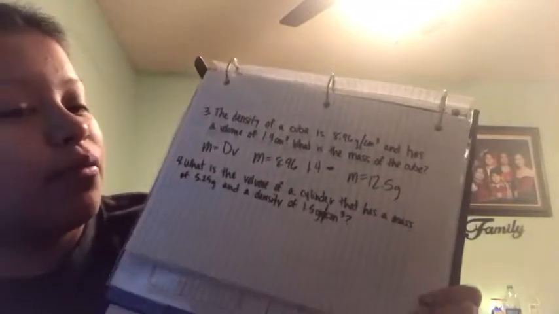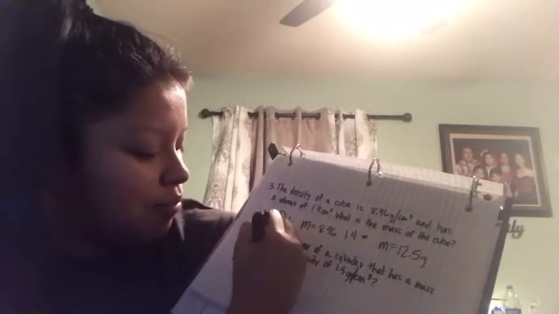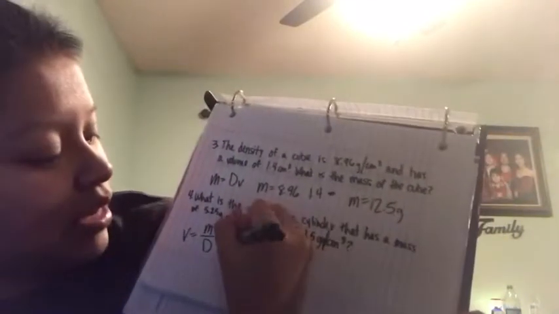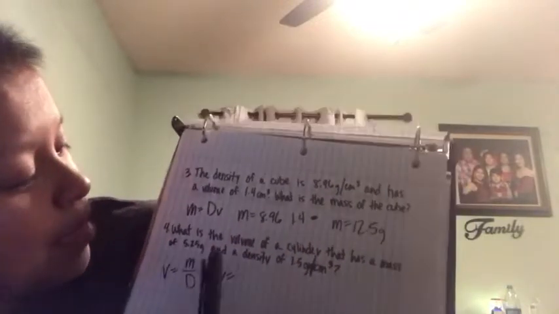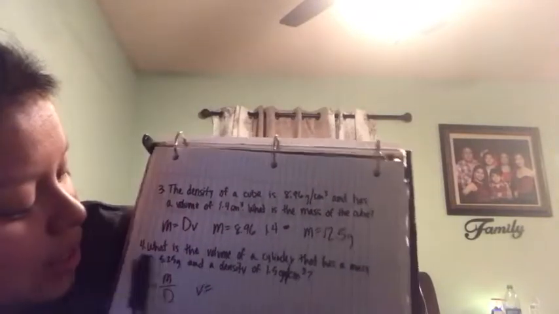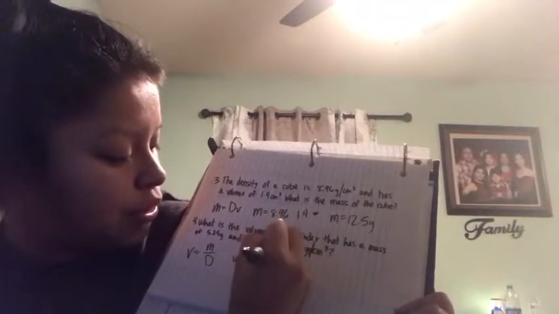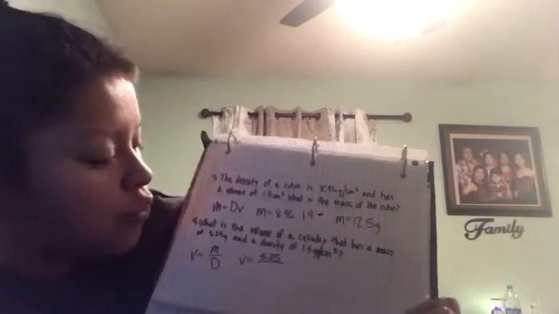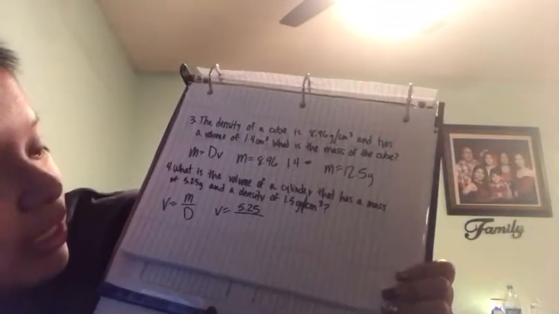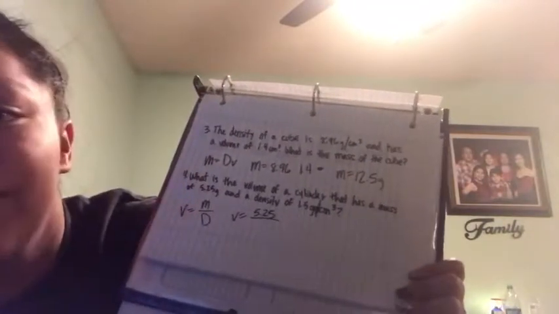The formula for that would be V equals M over D. The mass that it gives us is 5.25, over the density, which is 1.5.